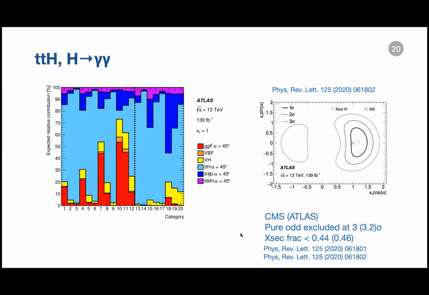So both CMS and ATLAS exclude the pure odd hypothesis at around 3 sigma. So the fermion Higgs Yukawa coupling also does not have a pure odd hypothesis, and the mixture cross-section fraction is right now constrained to be less than around 45%. So this is a good start.